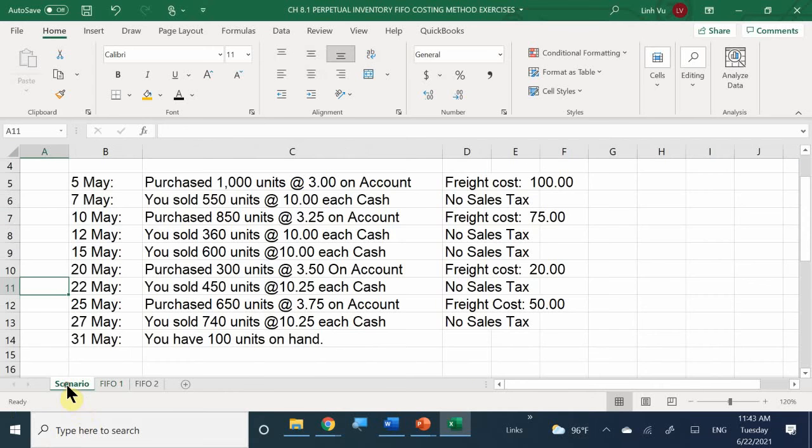So then let's see what happened last. Here on the 27th of May, we sold a total of 740 units. At the end of May 31st, we should have a total of 100 units on hand.